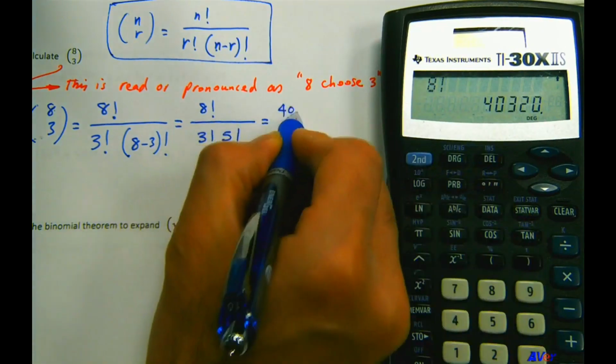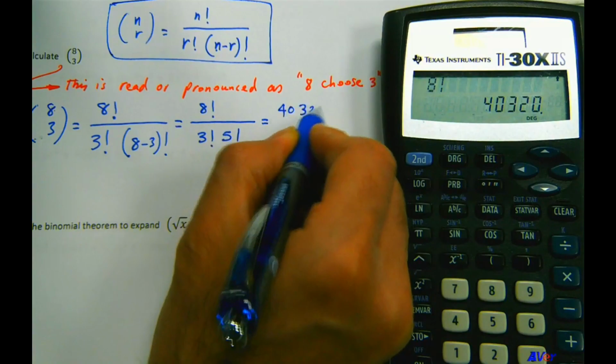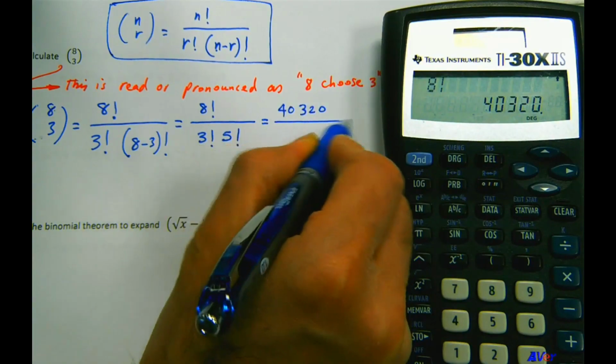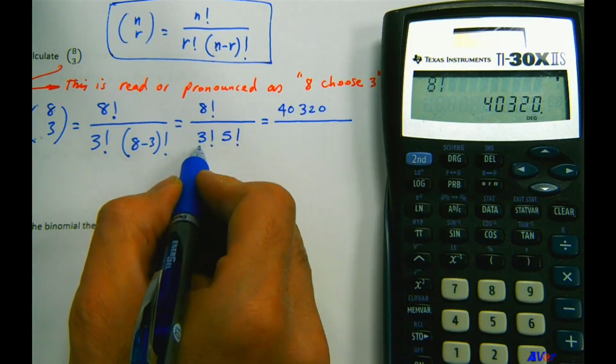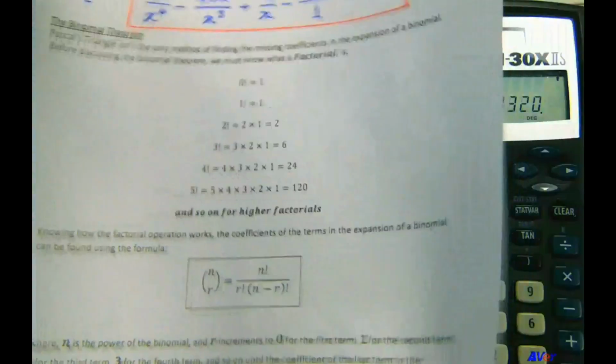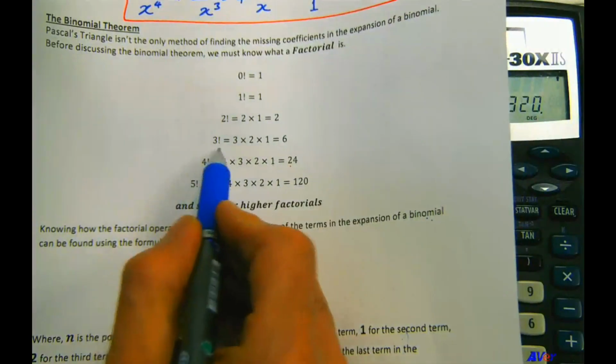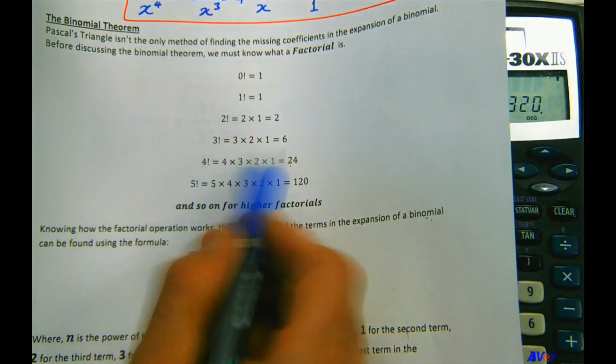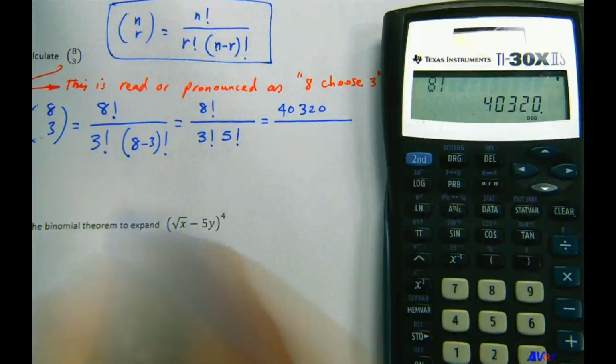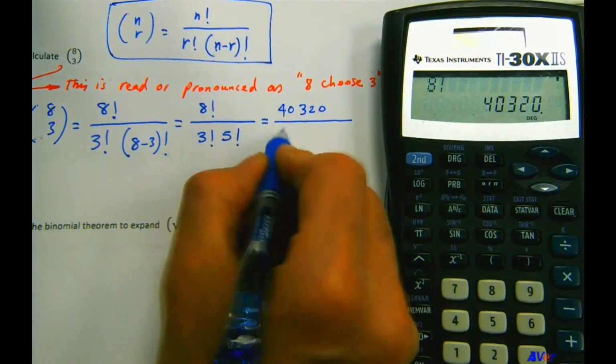So 40,320 divided by 3 factorial is easy, right? 3 factorial is 6, right here. We already have it. 3 factorial is 6, or 3 times 2 times 1, right?